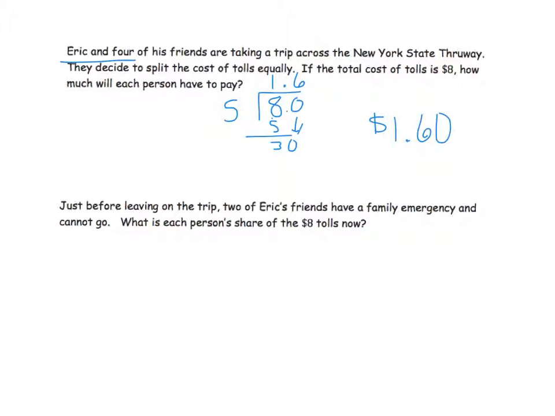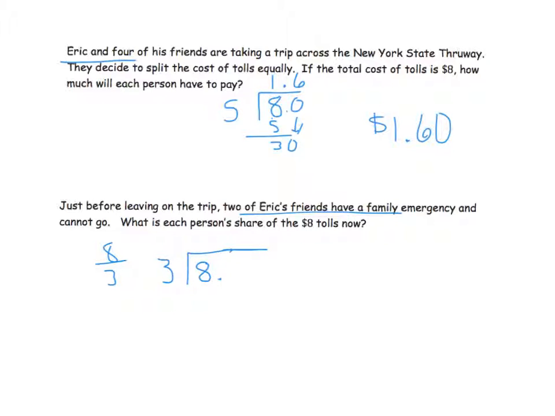$1.60. Just before leaving, 2 of his friends had an emergency. So now instead of 5 people, there's only 3 people. So we're splitting 8 into thirds. So, and I know because I'm dividing 8 by 3 that this is going to be a repeating decimal.